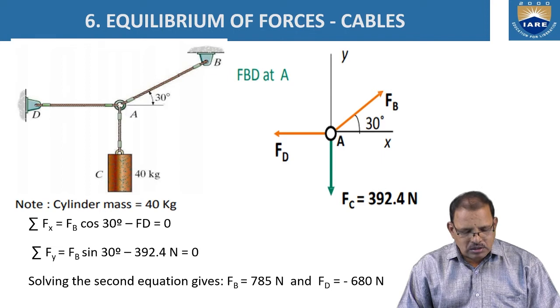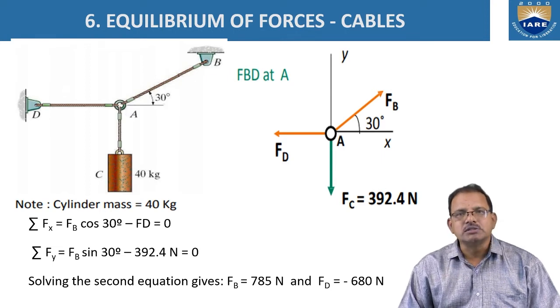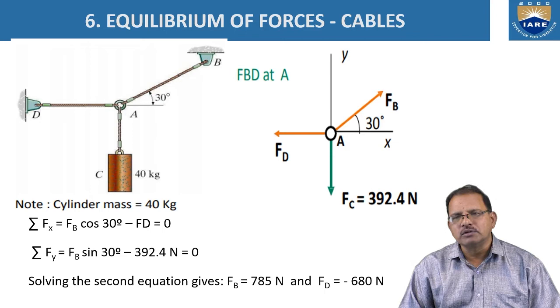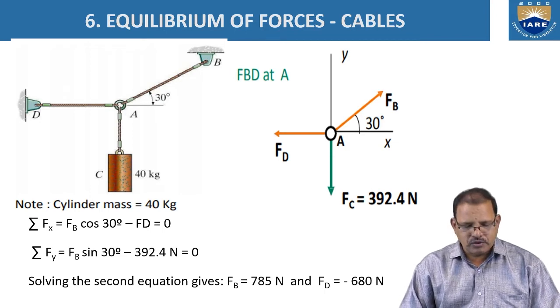Determine the tension in the strings, that is AB and AD, which are shown in the figure. Since the body is in equilibrium, the sum of the components of forces acting along the x direction should be equal to 0, and also in the y direction should be equal to 0.